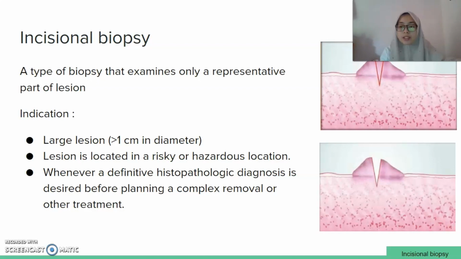As we can see in the pictures at the right, the picture on top shows where the lesion has to be excised, and the picture at the bottom shows the lesion after the excision. So we excise only a part of the lesion.